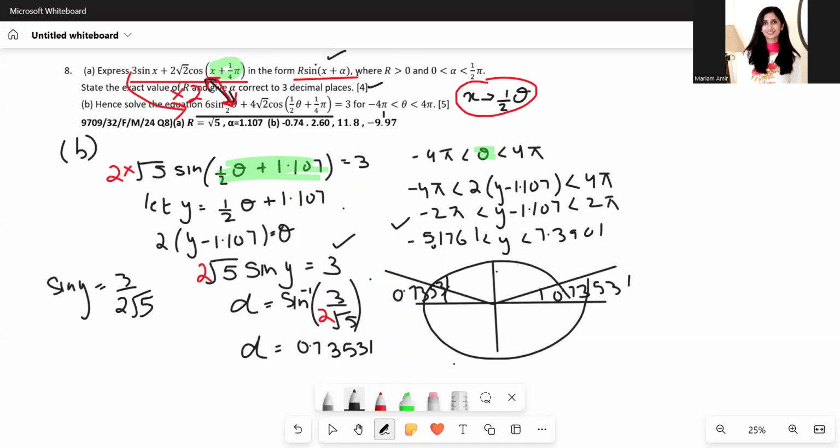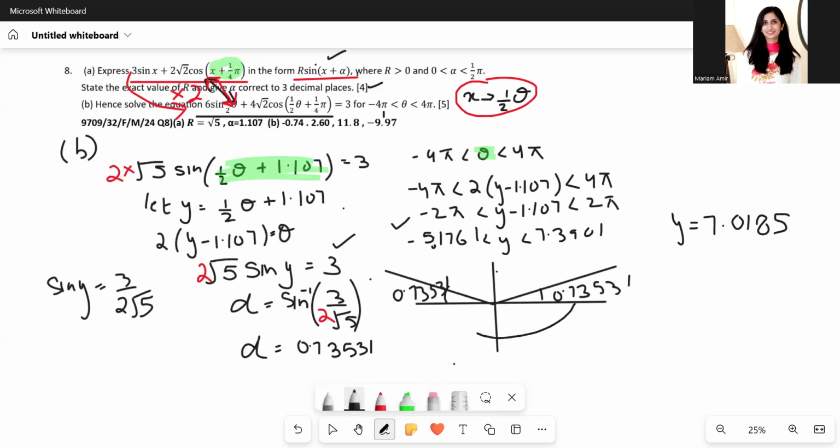So we get y equals 7.0184. Okay. I need to look for more solutions. So what if I go in the opposite direction? Okay.